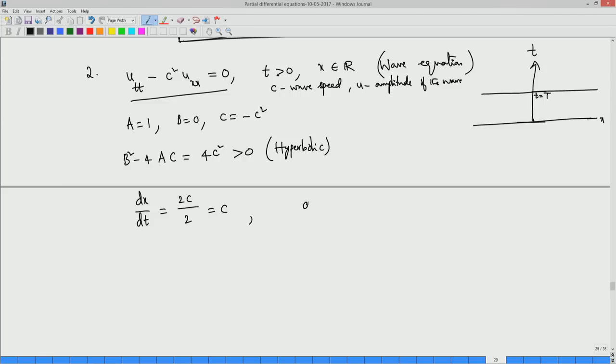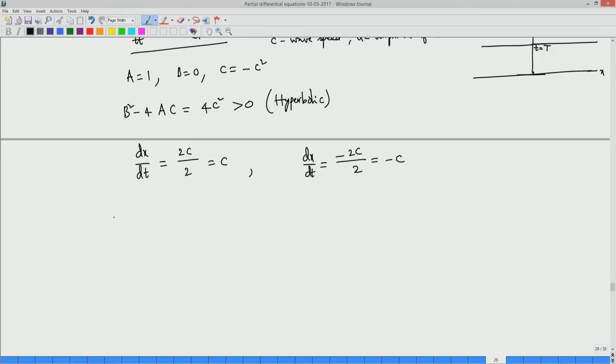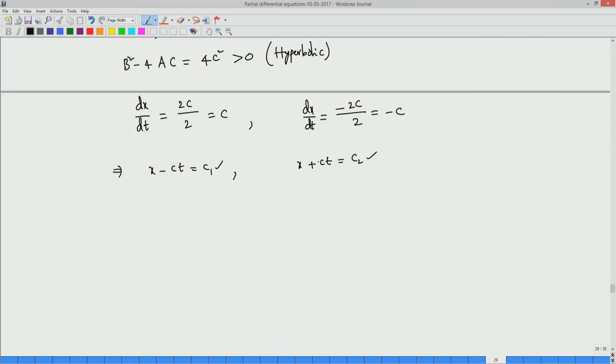The other equation is dx by dt equal to minus 2c divided by 2a, so you have minus c. If you solve these two ordinary differential equations, you can easily see that x minus ct equals c1 and x plus ct equals c2. You consider this as your xi and this as your eta.